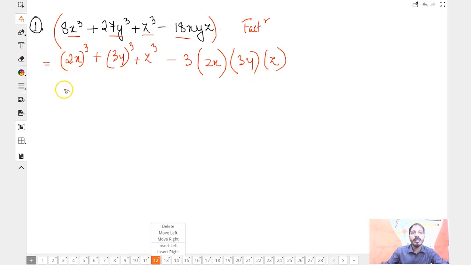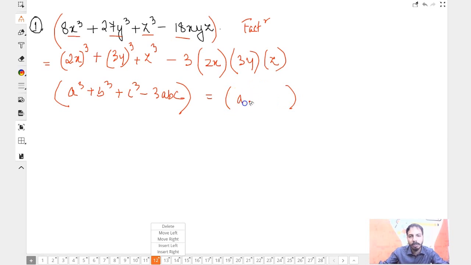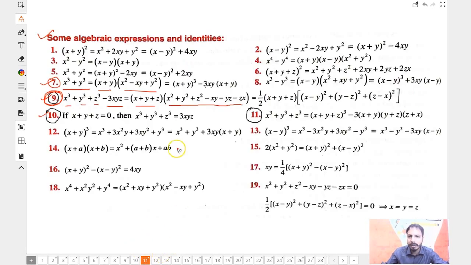So now this can be written as a cube plus b cube plus c cube minus thrice abc. And if this is what we got, what will be the factors? It will be a plus b plus c, and this will be a square plus b square plus c square minus ab minus bc minus ca. This is what we have learned here, right?